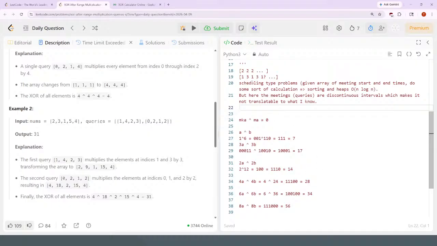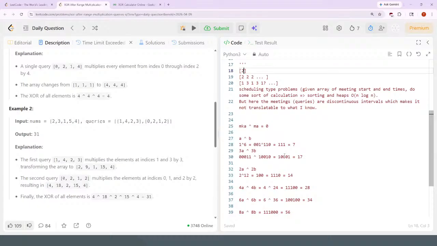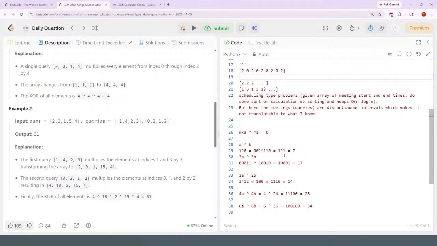So for instance, if I'm multiplying by 2 every other one, so the query is from index 0 to index n, multiply by 2 every other index, and let's say I have another query that multiplies by 3 but every third. It's almost like you're combining amplitudes, or a product of waves or something. I wonder if there's a way for me to simplify this into a single wave function that I'm tracking.